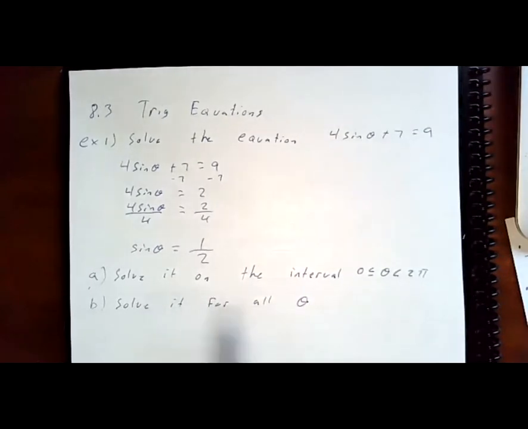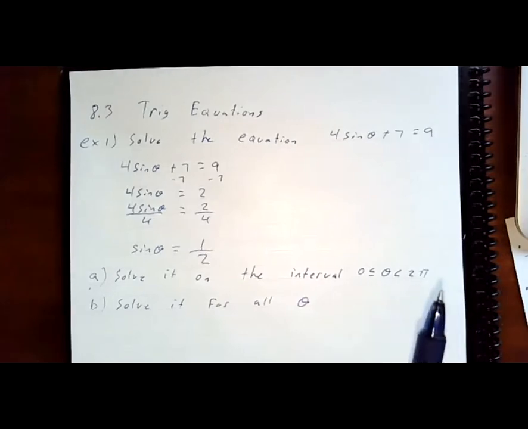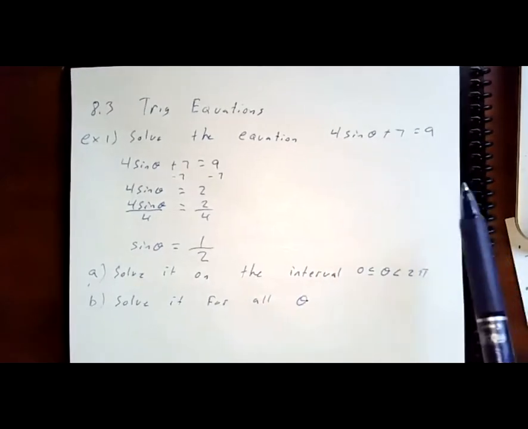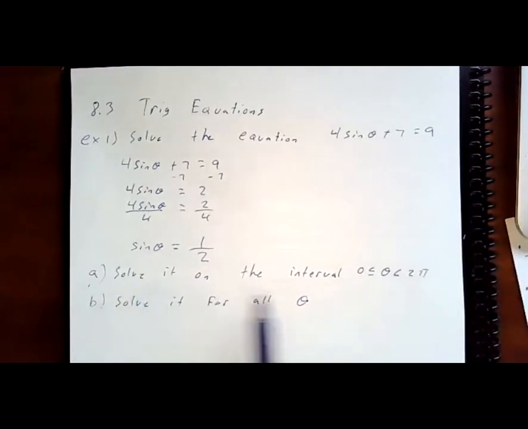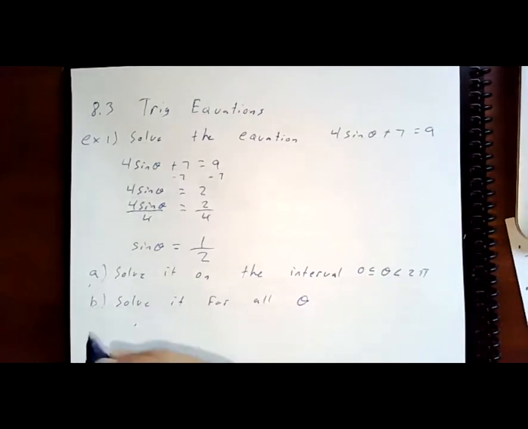Okay, so part A means I'm restricting it to the first period. So your homework is going to look something like this. They give you an equation, and they're going to ask you to solve it first on this interval. So when is sine equal to 1/2 between 0 and 2 pi? Okay, so for part A, let's do that first, I guess.